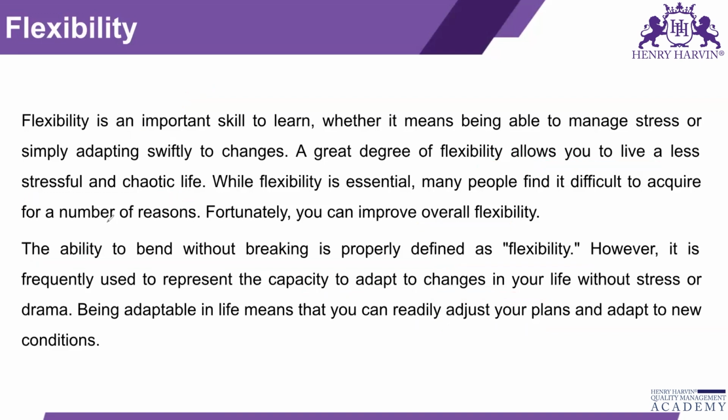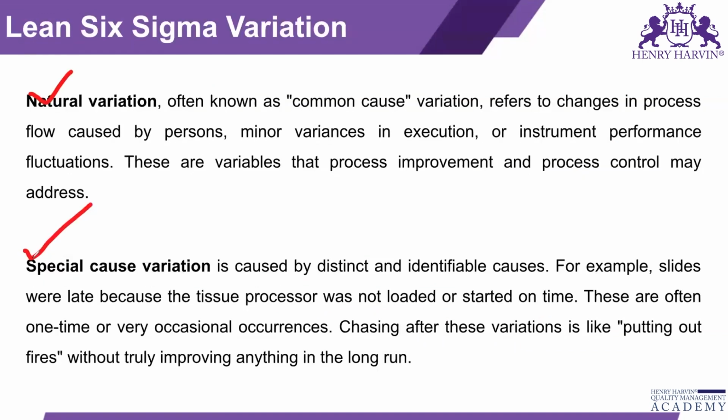Next slide. This was a very general statement. Let's learn about variation. Natural variation, often known as common cause variation, refers to changes in process flow caused by persons, minor variance in execution, or instrument performance fluctuations. These are variables that process improvement and process control may address.